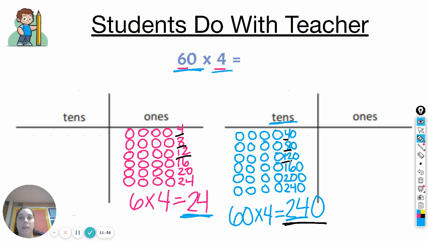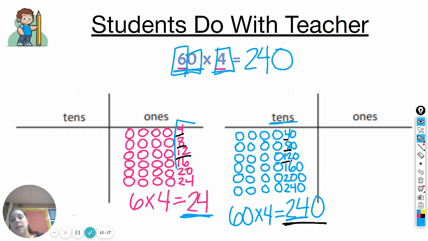Okay? So when you're solving these equations that are multiples of 10, you're really solving 6 times 4, which is 24, and then adding the 0 at the end. So you can do your normal skip count. If you were solving 6 times 4, you'd be able to count by 4 6 times and then just add the 0 at the end.